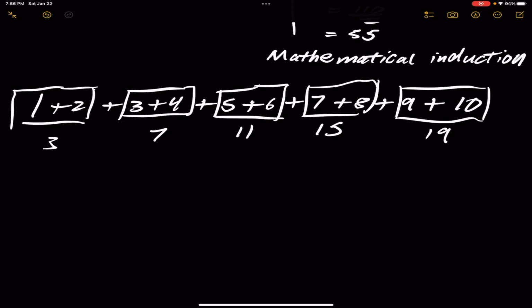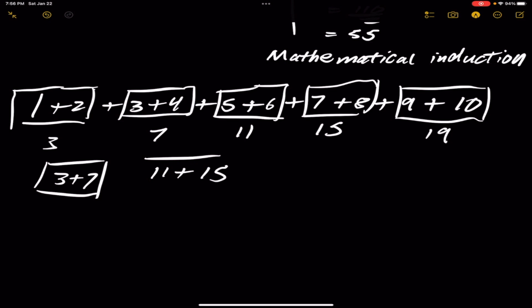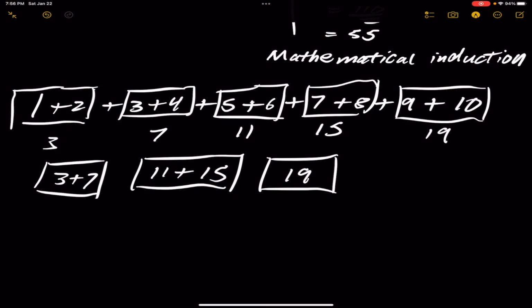Let's redistribute these mathematical problems back to the available computers. So you have 3 plus 7, 11 plus 15. And the third one, we'll just keep in memory. We don't need it right now, but we will need to do something with it later on.